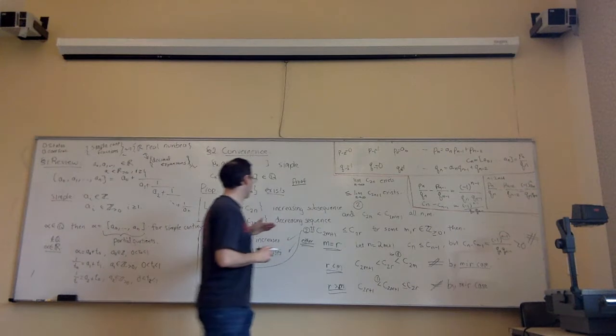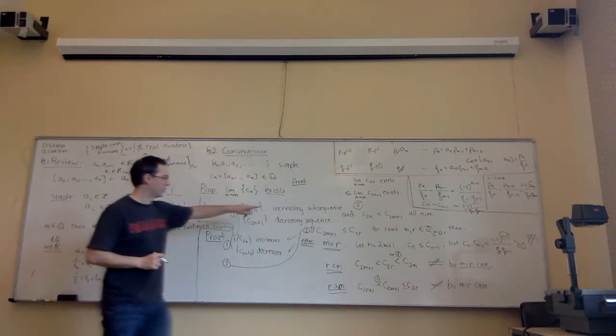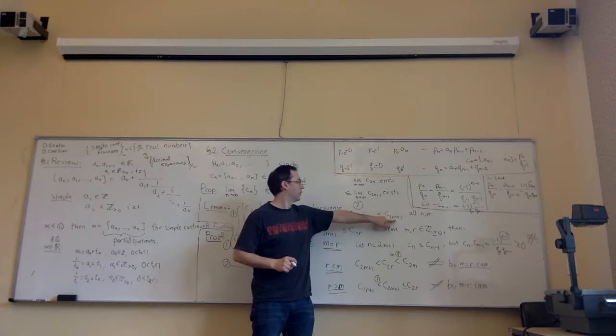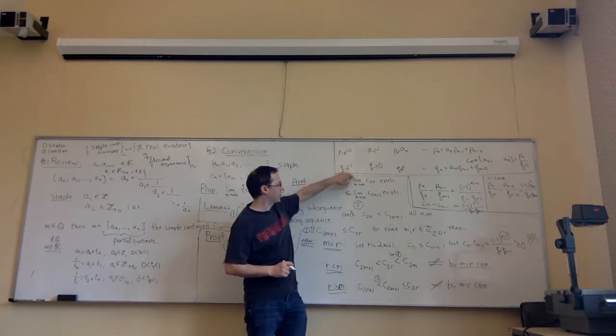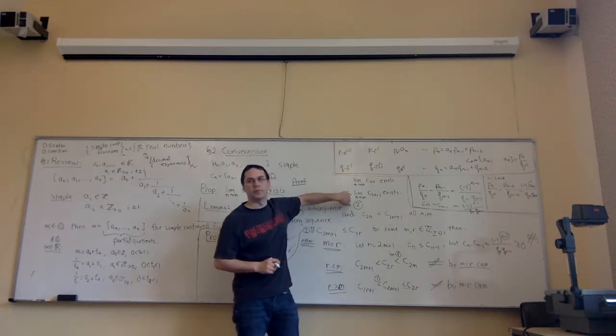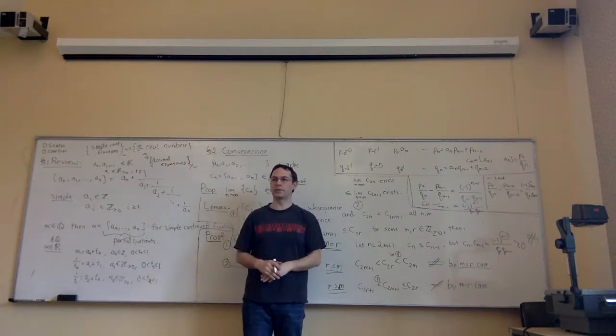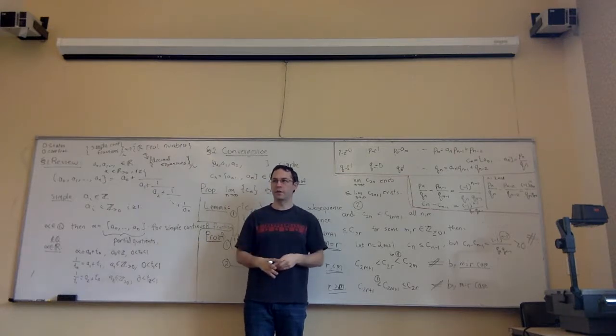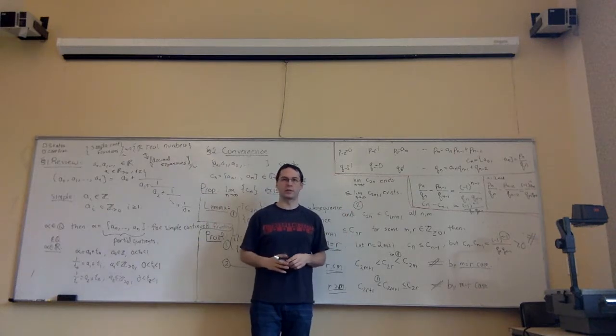Every single one of these even ones is less than every single one of the odd ones. And so the limit is going to be less than or equal to the limit of the other one. Okay, so you have two numbers, one is less than or equal to the other, and those two numbers are the two limits here. So now all I have to do is convince you that those two numbers are arbitrarily close, and then you'll have to believe that the limit of the whole sequence exists.